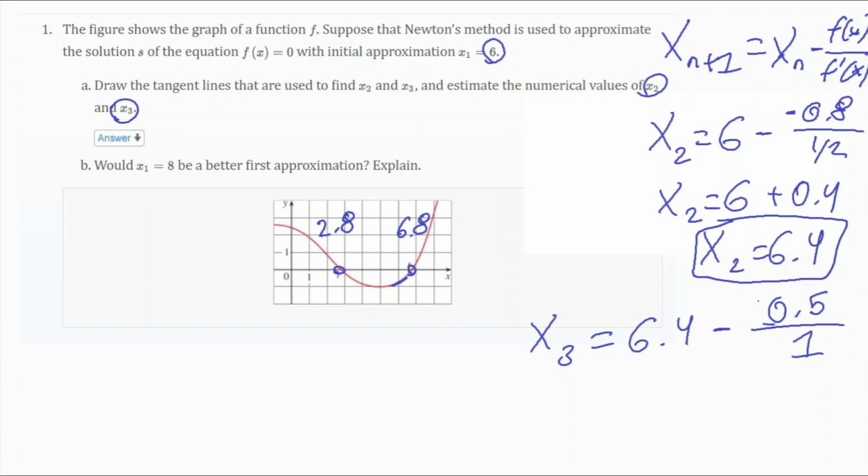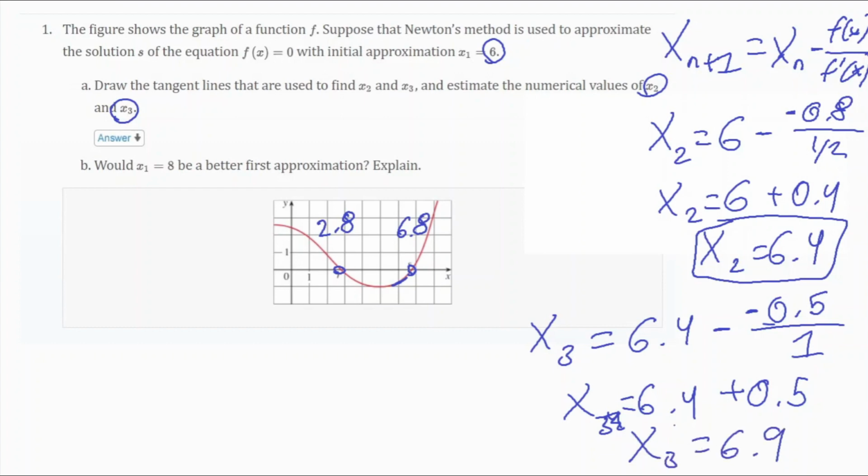So, oh yeah, it would be negative 0.5 for the y value over the slope of 1. So if we simplify that, we're going to have 0.5 over 1 is going to be 0.5, and then negative negative is going to be positive. So we have 6.4 plus 0.5. Oh no, x3. So we're going to have x3 is equal to 6.9.